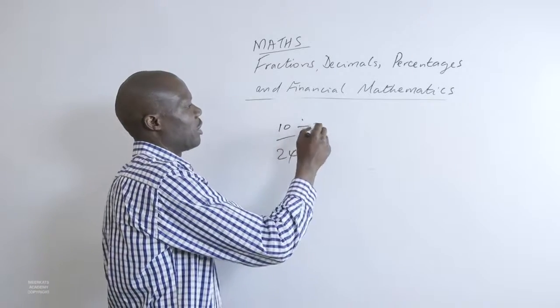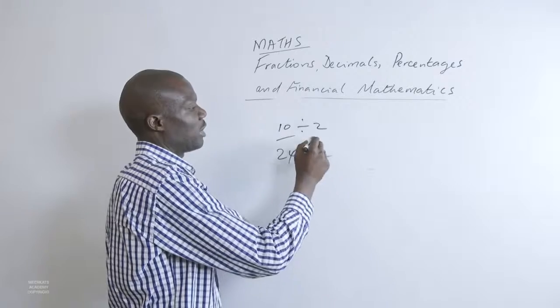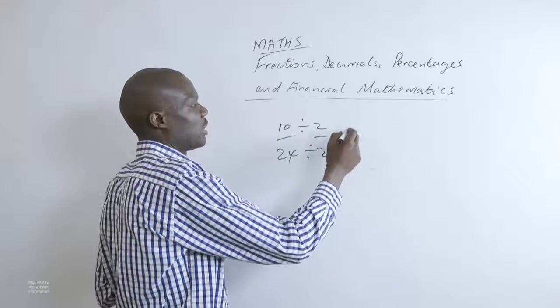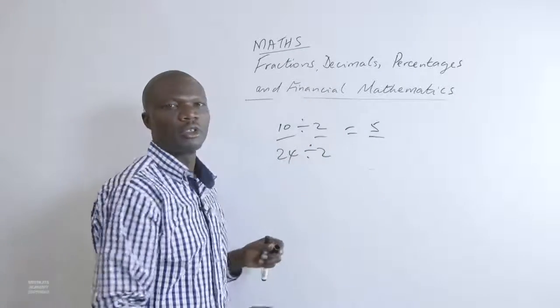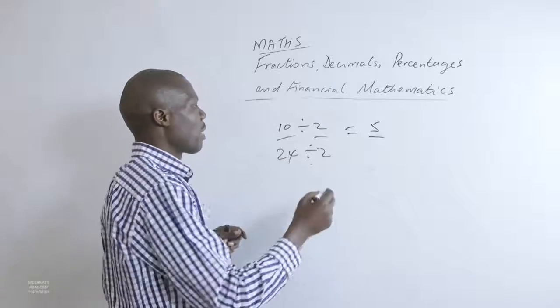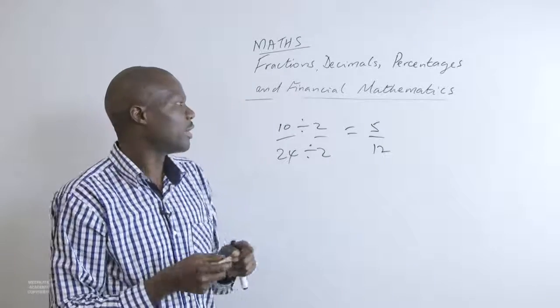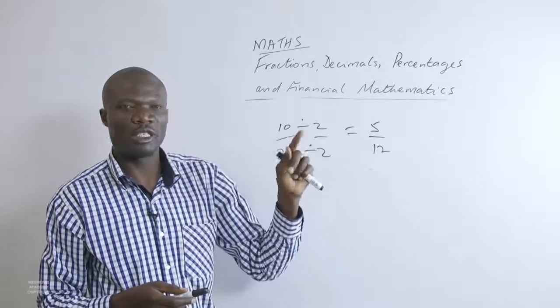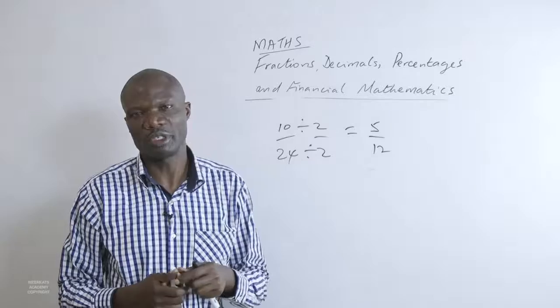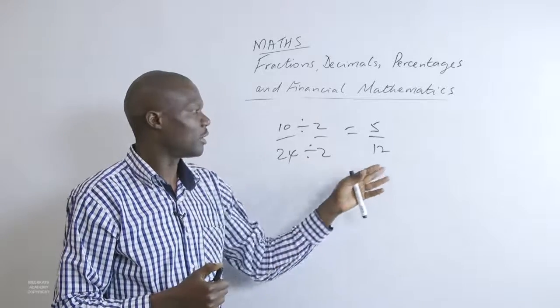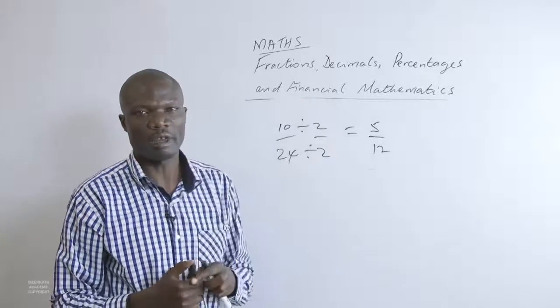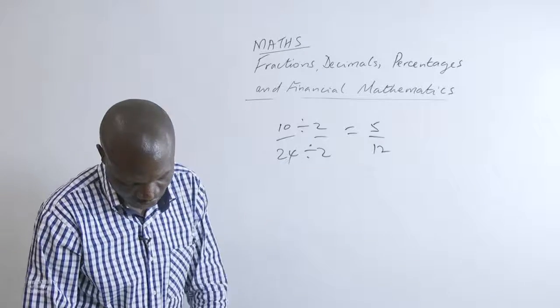If we divide here by 2 and divide this one by 2, then we shall get 10 divided by 2 is 5, 24 divided by 2 is 12. So we are saying 5 over 12 is equivalent to 10 over 24. So these two are equivalent fractions.